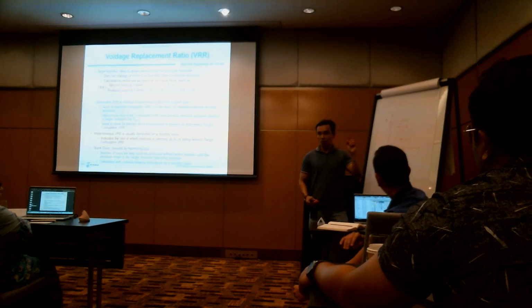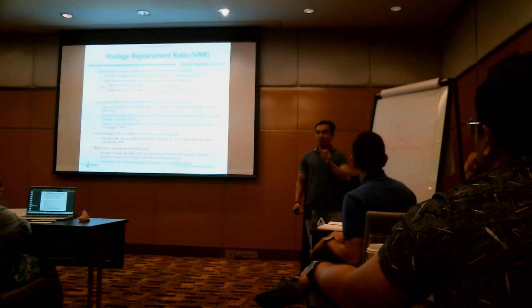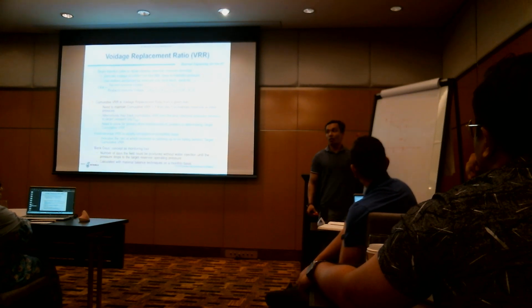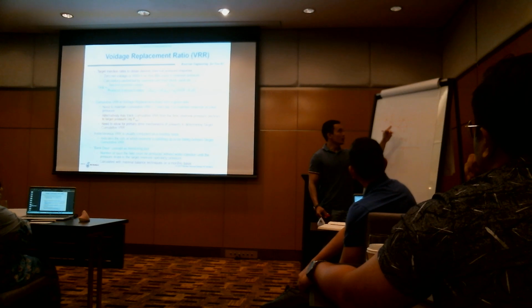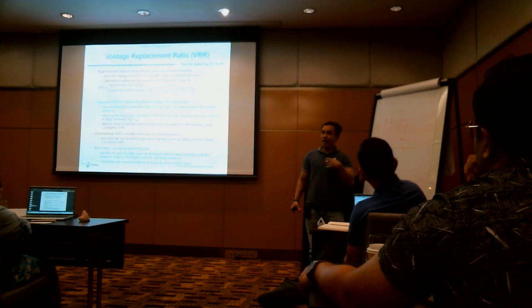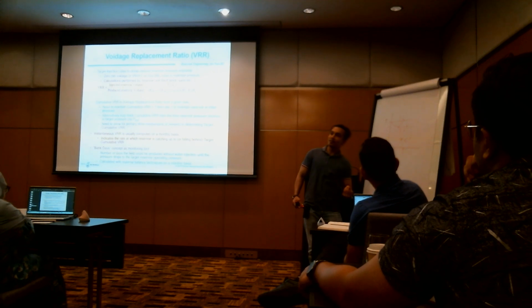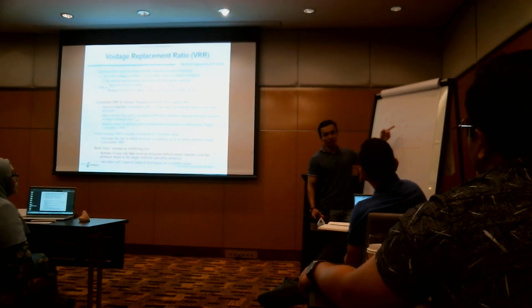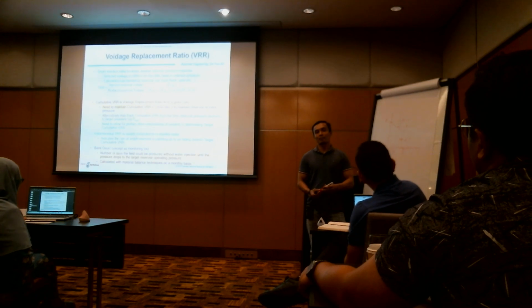But if you calculate cumulative, it could be less than 1, right? Because cumulative VRR equal to 1 means that you're back to the original pressure. So you will have instantaneous at 1, but cumulative wise is still less than 1. That's why your pressure is still below PI. Clear?